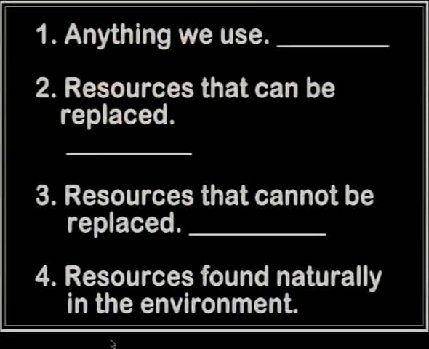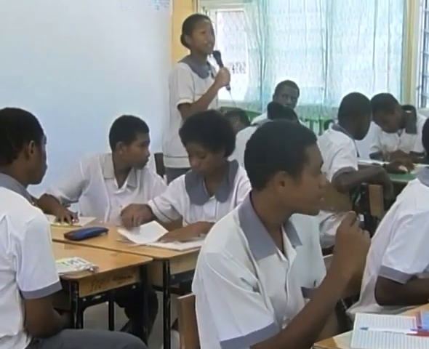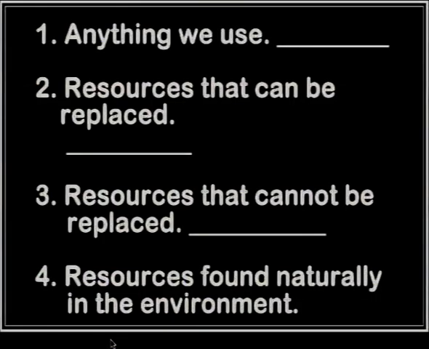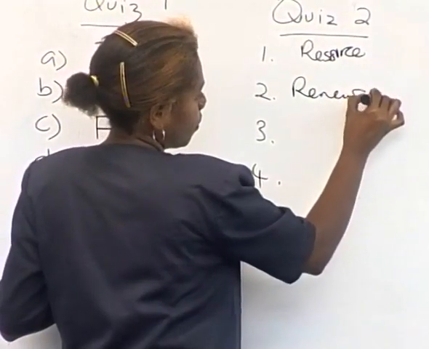Good. Quiz 2, number 1. Anything we use, Eileen? Resource, good. Number 2, resources that can be replaced. Charlie? Renewable resources. Good.